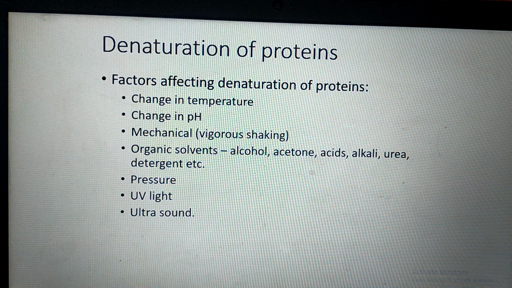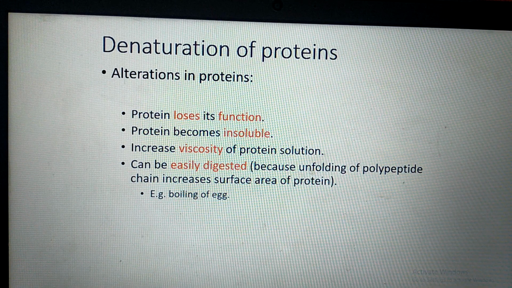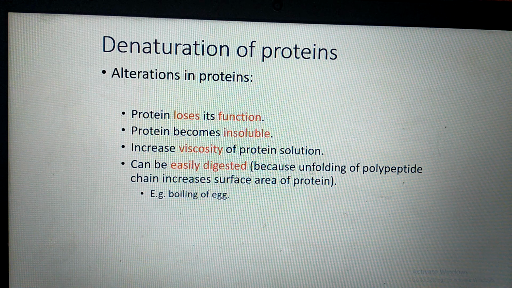Now what happens after denaturation of proteins? First, protein loses its function. Second, protein becomes insoluble. Next, viscosity of the protein solution increases. But the advantage is that protein can be easily digested. Why?